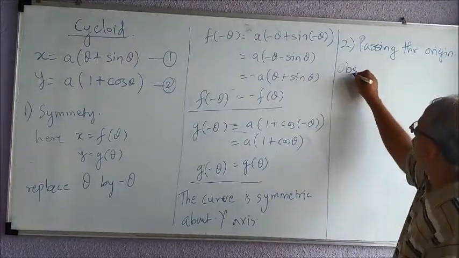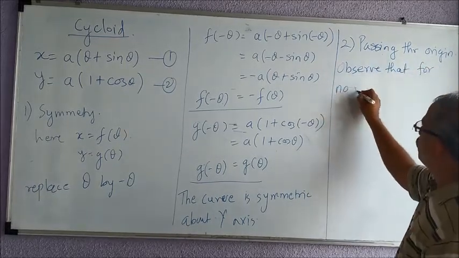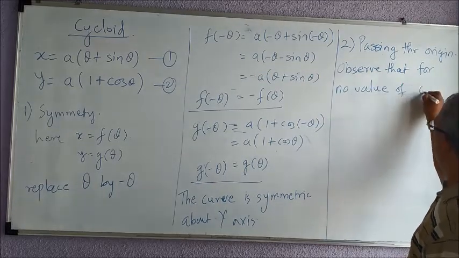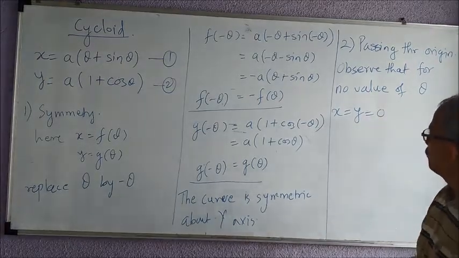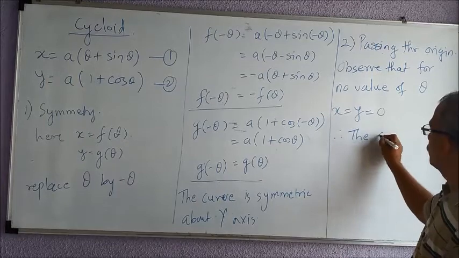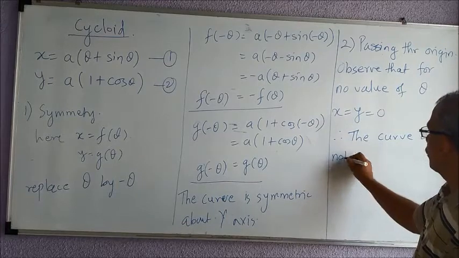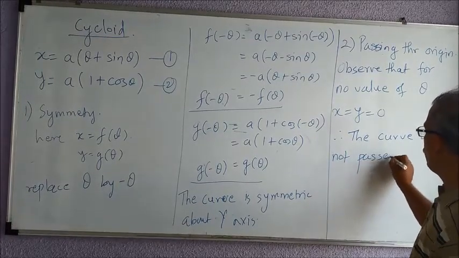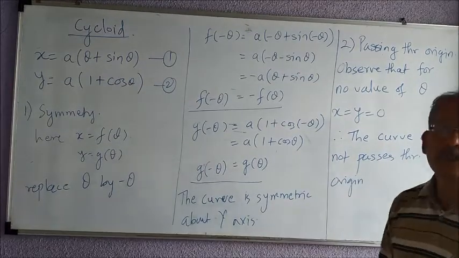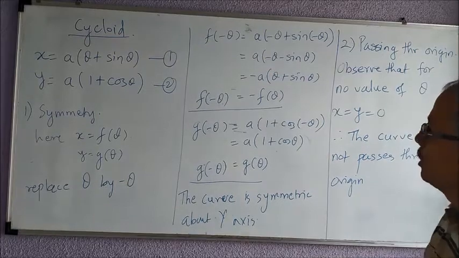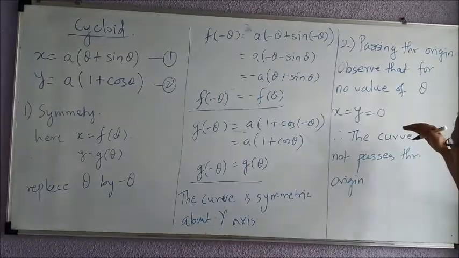So observe that for no value of theta is x equal to y equal to 0, and therefore the curve does not pass through the origin. Okay. Now what we have obtained so far is that the curve is symmetric about the y-axis and it is not passing through the origin.